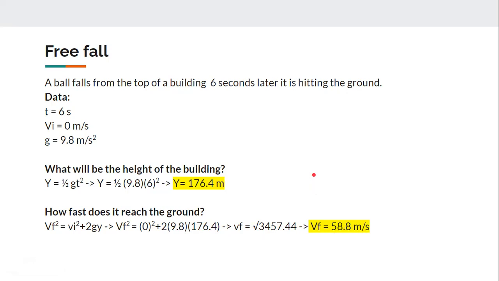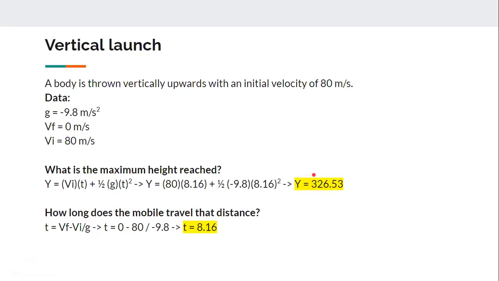The next type of problem will be vertical launch. A body is thrown vertically upwards with an initial velocity of 80 meters per second. We first get the data. In this case, the gravity is negative 9.8 meters per second squared. It is because when you throw something vertically up, the gravity starts to pull it down.